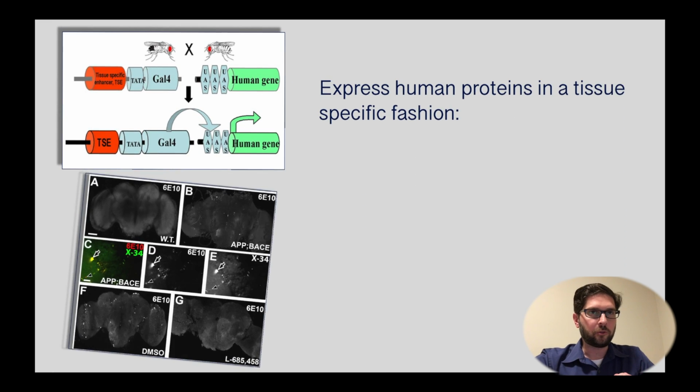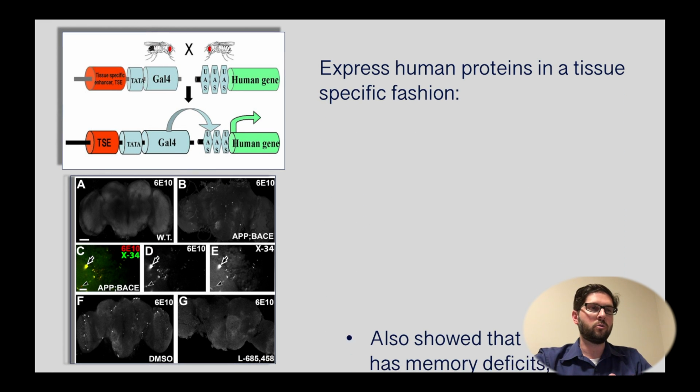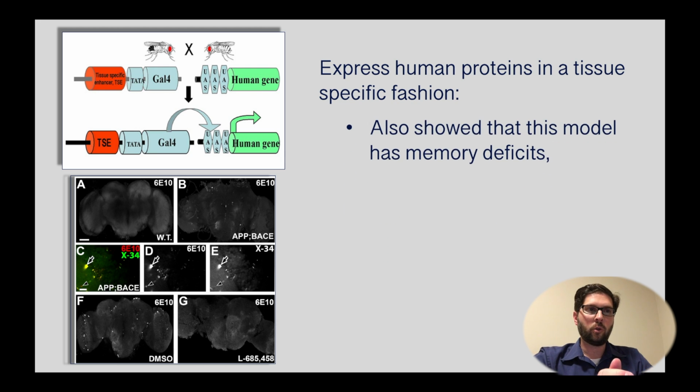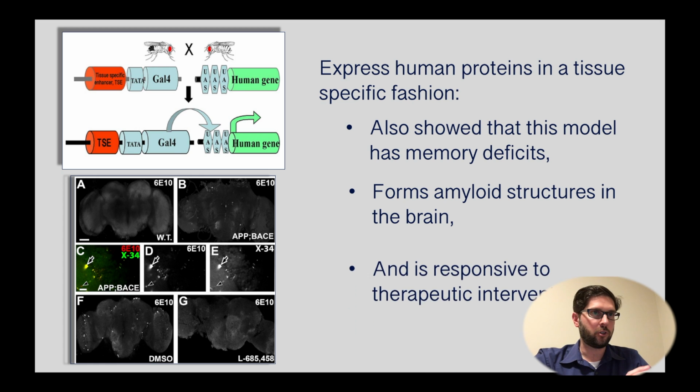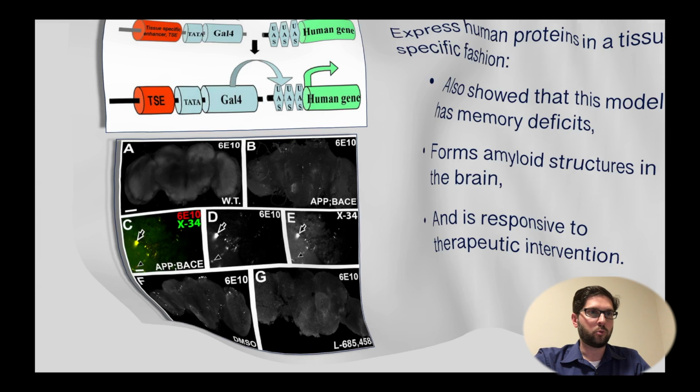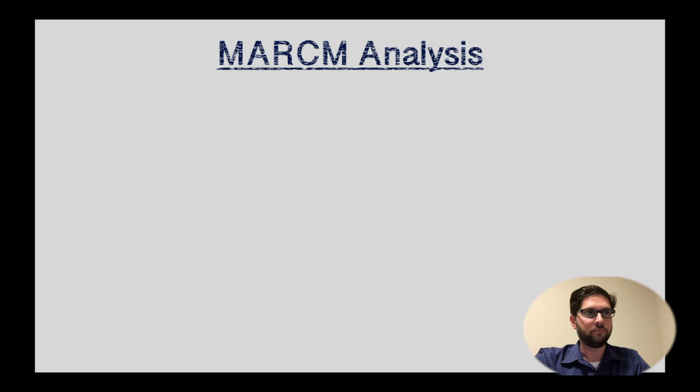And this is useful because we can then utilize this to screen through a large number of therapeutic drugs in an in vivo system. We also utilized the system when we showed that this model has memory deficits. It forms amyloid structures in the brain, as I've just shown you, and is responsive to therapeutic intervention.